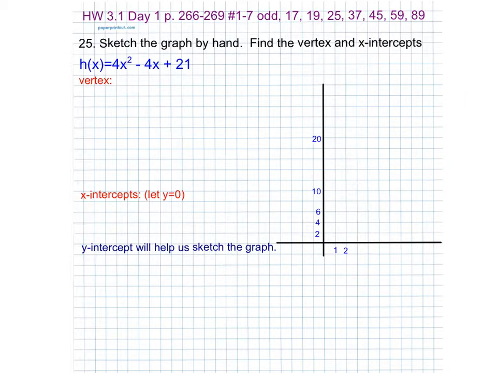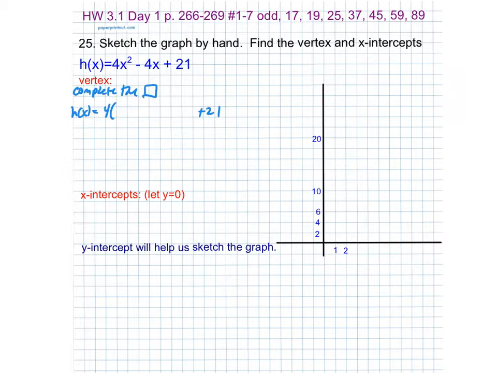So the first way I'm going to find the vertex is to complete the square. This is one method. Completing the square, I'm going to write h of x is equal to, I'm going to move the 21 off to the side a bit, and then factor out the coefficient of x squared.